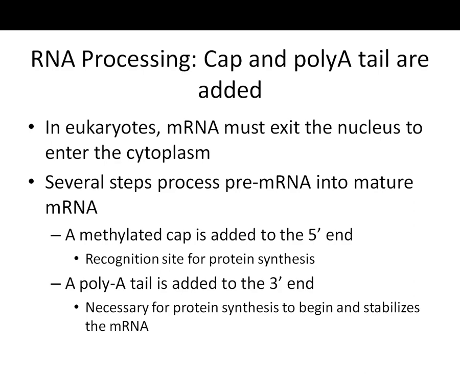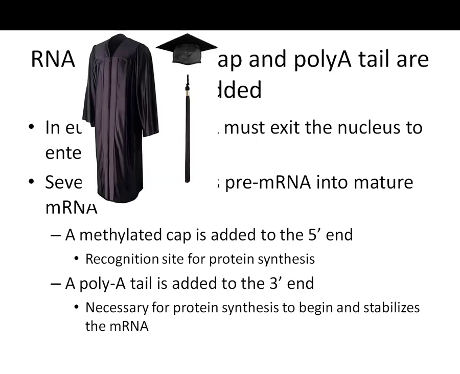It stabilizes mRNA and prevents its degradation by the enzymes in the cytoplasm. Many of you who are taking this course are seniors, so if you want to think about it as a cap and gown analogy, mRNA must get its cap, which is a methylated G nucleotide, and it also has to get its tail.